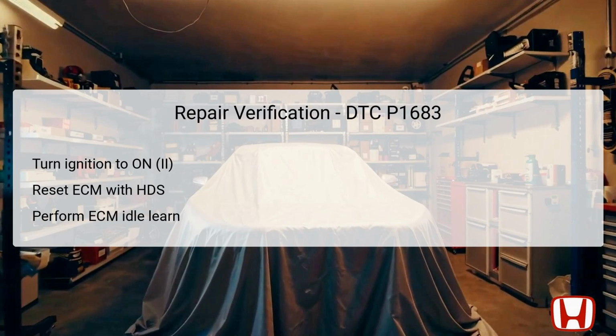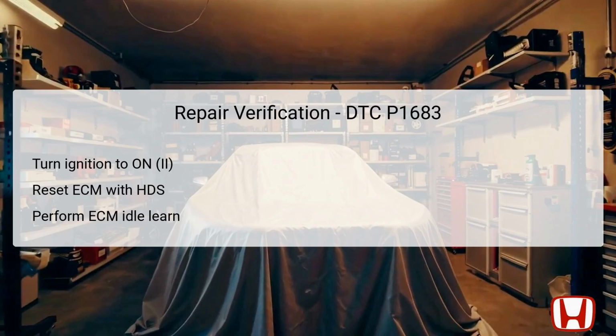After completing necessary repairs, it's essential to verify that the work conducted was successful. To start, set the ignition switch to on 2 again and utilize the HDS to reset the engine control module, ECM, allowing it to clear any stored data and refresh its settings. Following the reset, the ECM idle learn procedure should be performed, enabling the engine management system to recalibrate its idle settings based on the updated throttle position.